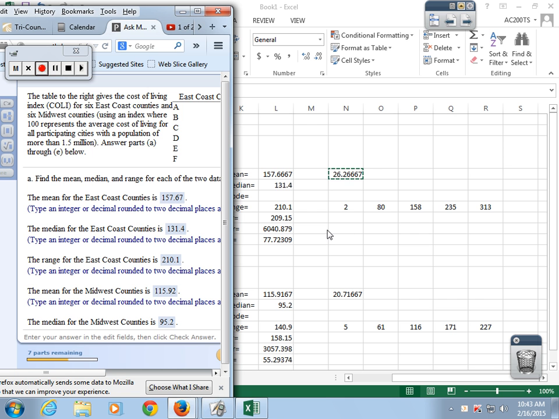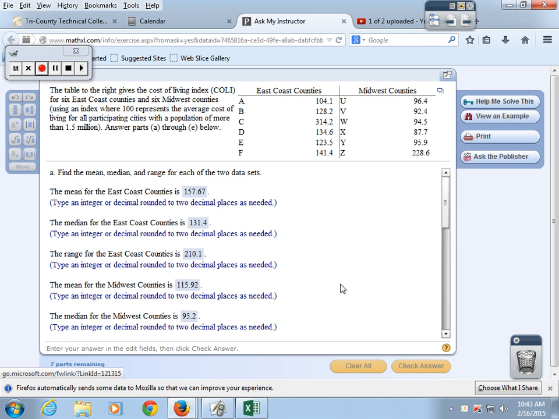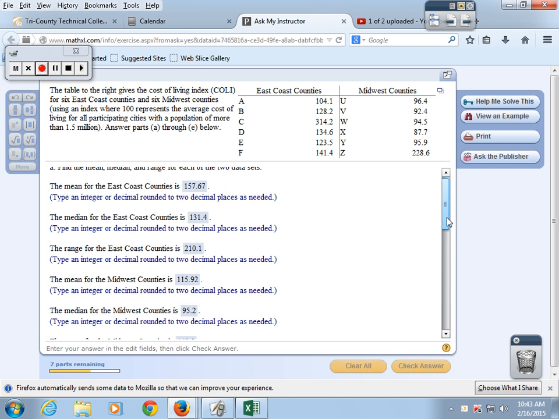There's my numbers. The mean for the East Coast is 157.67. The median for the East Coast is 134.4, whatever. The range is 210. The mean for the Midwest is 115. The median for the Midwest is 95.2. All right, what's the problem? Keep going down. It's 27.3.